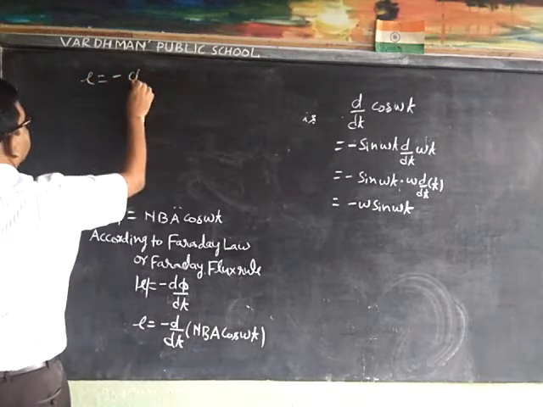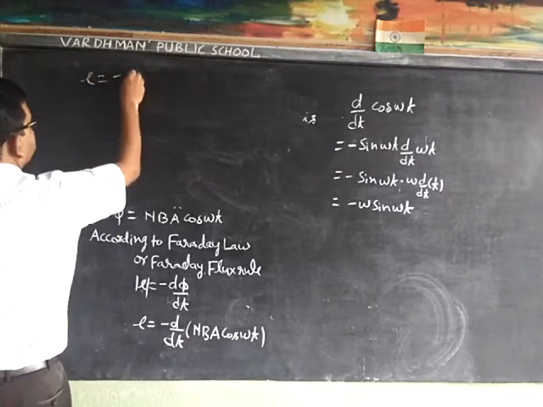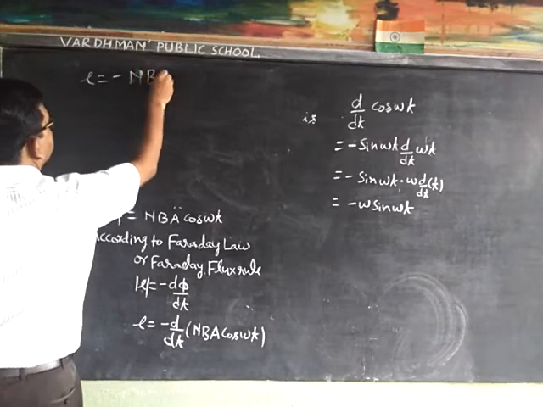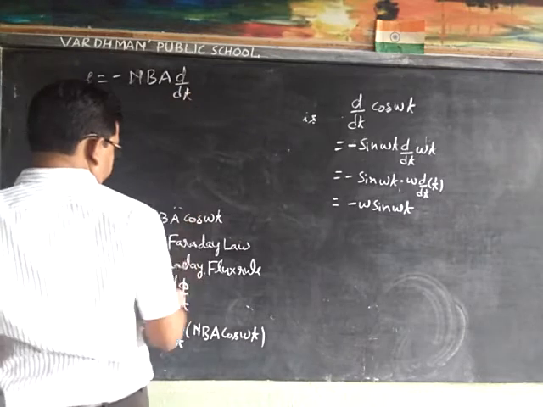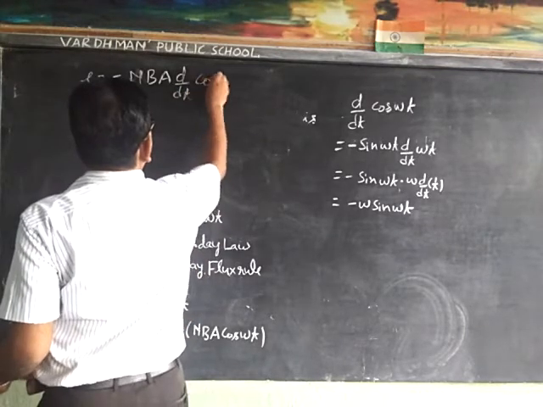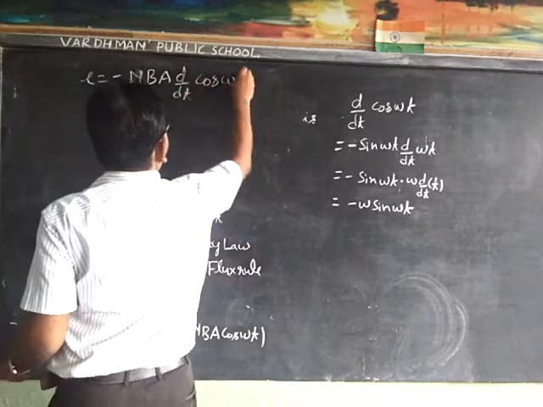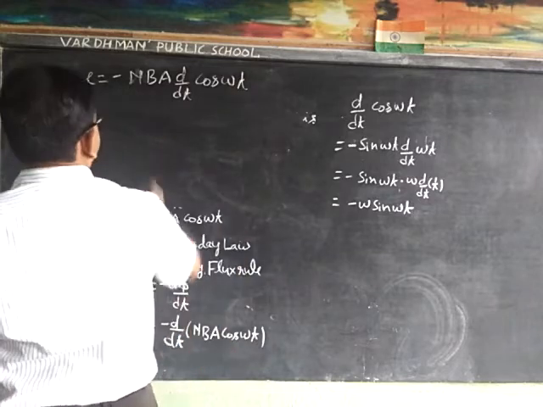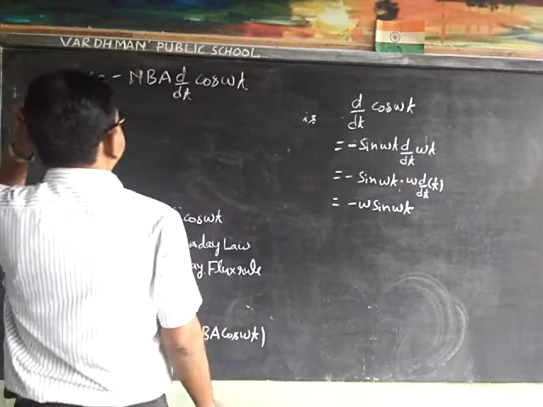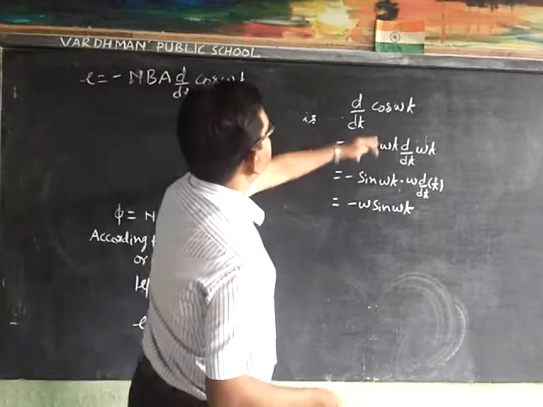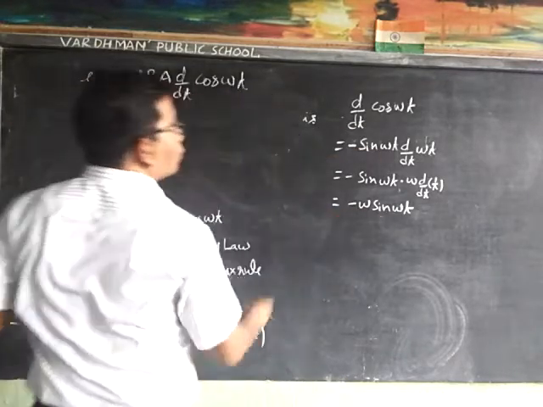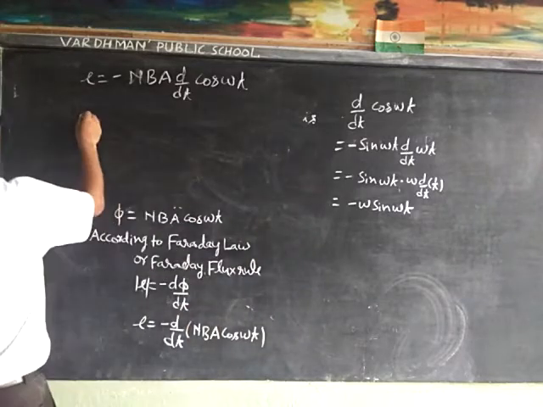We take NBA out, d upon dt of cos omega t, and the differentiation of cos omega t is minus omega sin omega t.